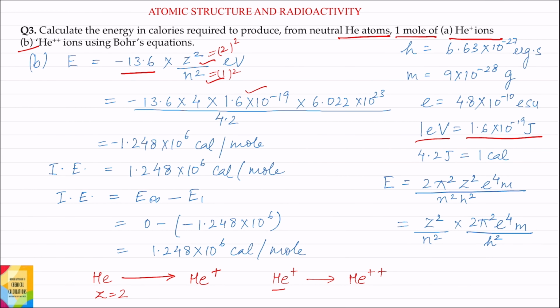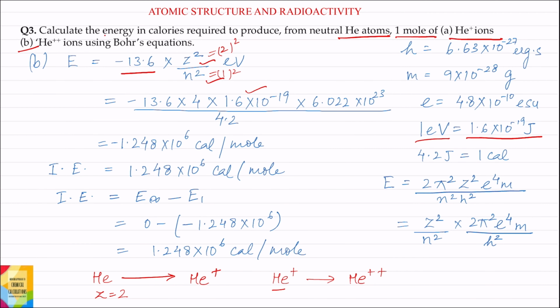13.6 into 4 into 1.6 into 10 to the power minus 19 joules is the energy of electron in one helium ion. But in the question they have asked for the energy of electrons in 1 mole of helium ions. So we will multiply this with 6.022 into 10 to the power 23 and this will give the energy of electrons in 1 mole of helium ions.